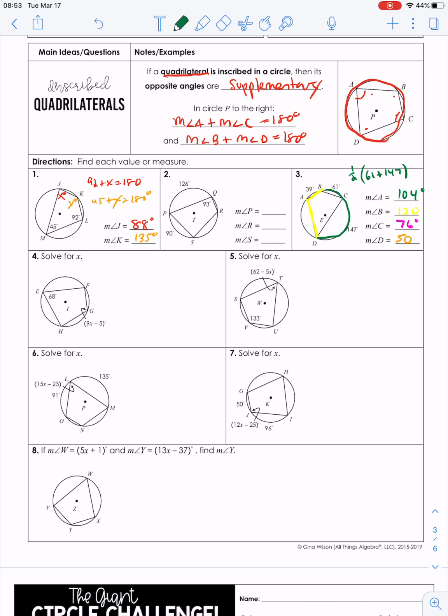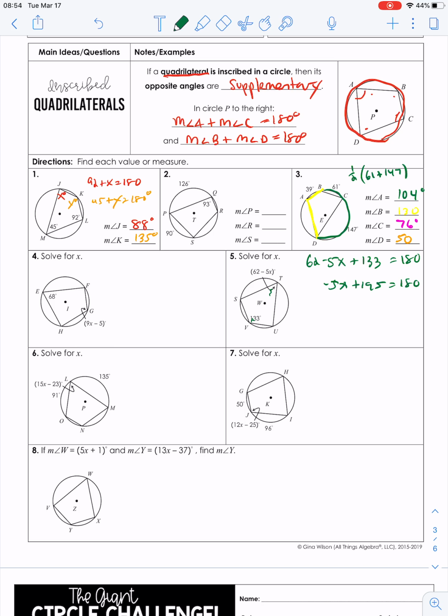Number 3, we're done. Number 5, we have a quadrilateral inscribed in a circle, and we have 2 opposite angles, which means they add to 180 degrees because they are supplementary. So we get negative 5x plus 195 equals 180, because I combined like terms: 62 and 133 is 195.